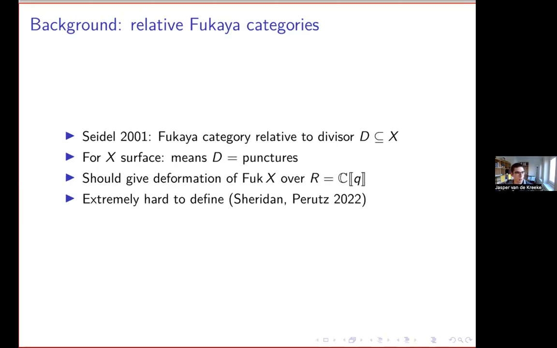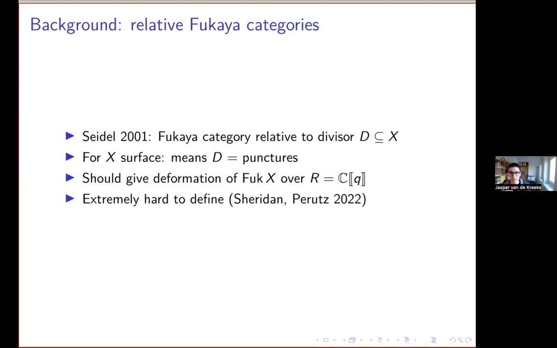So in this case, punctures: you pick out a finite set of points from your surface. If you follow Seidel's vision from 2001, this should give you a deformation of the Fukaya category of the surface over the power series ring in one variable.